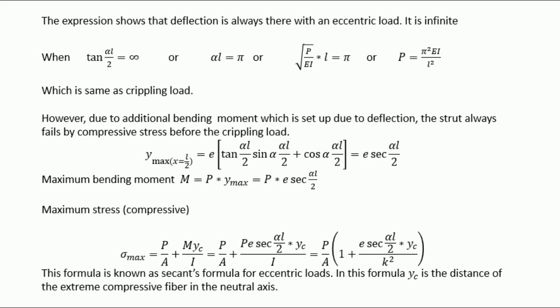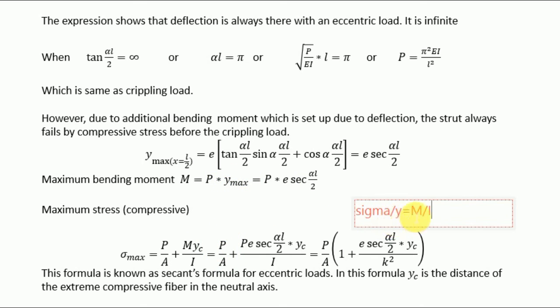You already remember that equation: sigma upon y is equal to M upon I. This is the equation. From it we can easily find the value of sigma, which is stress, here an additional stress.